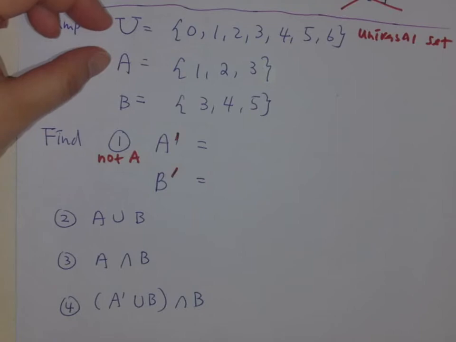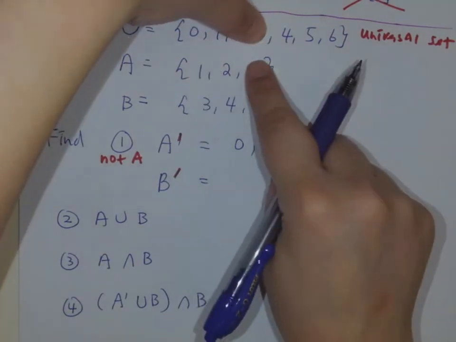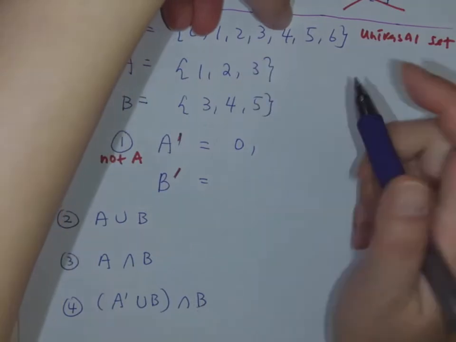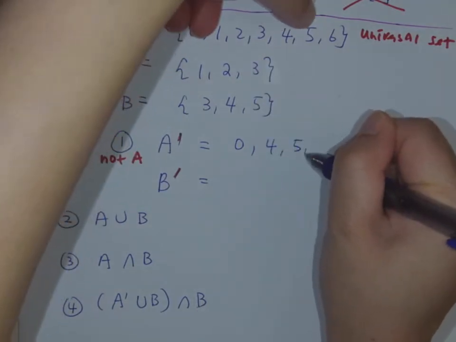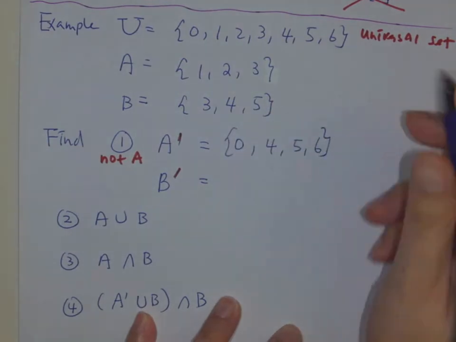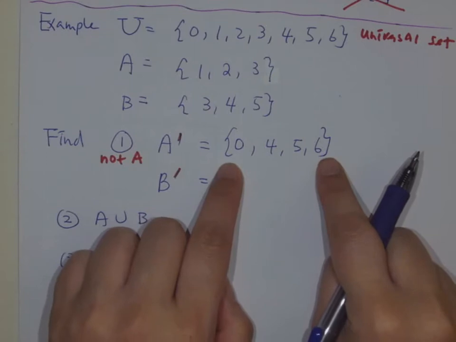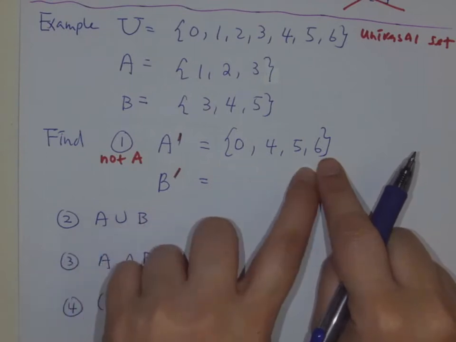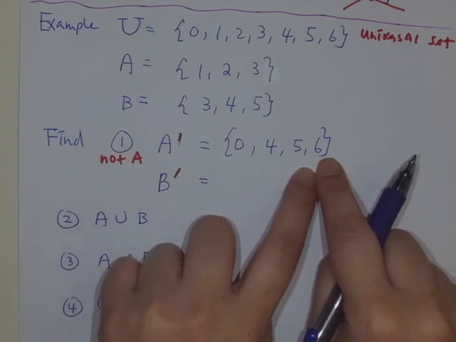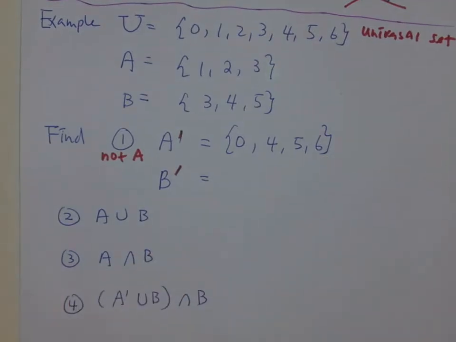Looking at A and the universal set, 0 is not in A, so that's part of my answer. 1, 2, 3 are in A, so I cannot use them, but 4 is not in A, 5 is not in A, and 6 is not in A. So those would be not A. Use the curly brackets to close them, meaning you have all these elements. If you want to pause the video and try to figure out not B, that would be good.